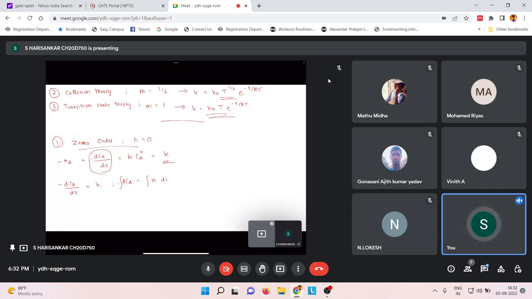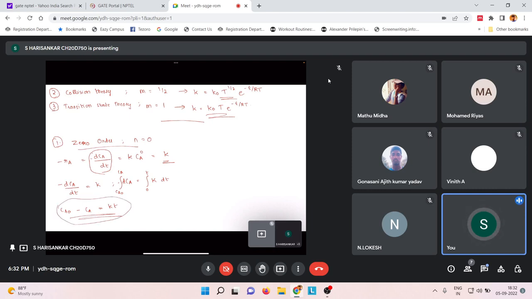Now this Ca will vary from Ca0, which is the initial concentration, to Ca, which is the final concentration. And dt will vary from 0, when time is equal to 0, to time t. So just integrate this. We'll get the final answer as Ca0 minus Ca is equal to Kt.